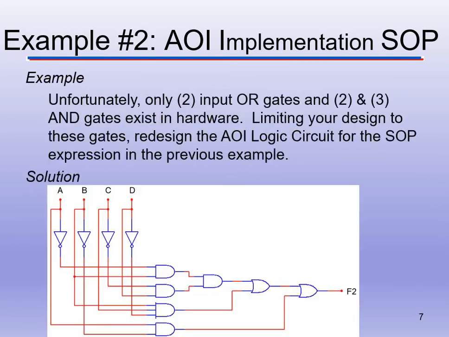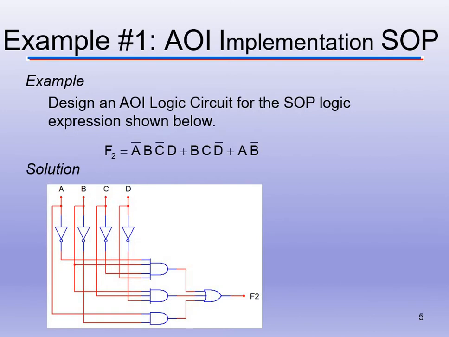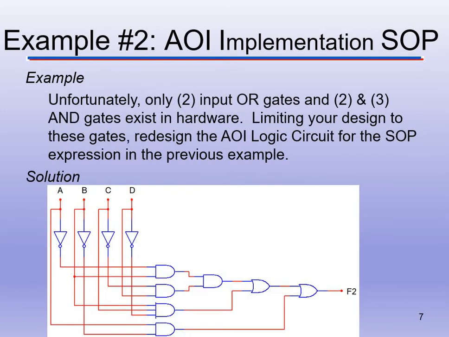So we have to take that same circuit. Like I was saying, if I asked you to breadboard this same circuit, this is the original circuit right here, with multiple-input AND gates and OR gates. Now, like I said in class, we only have 2-input AND and OR gates that I'm going to have you breadboard with. I might have some 3-input ones, but I'm pretty positive I don't right now. But this is how this circuit would change. We would have to have more logic gates.